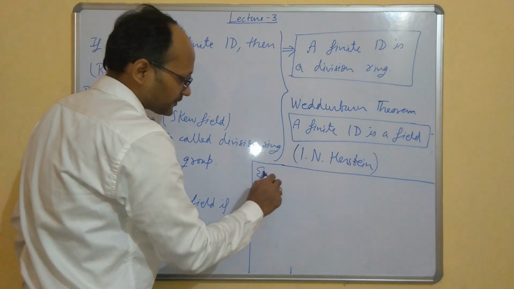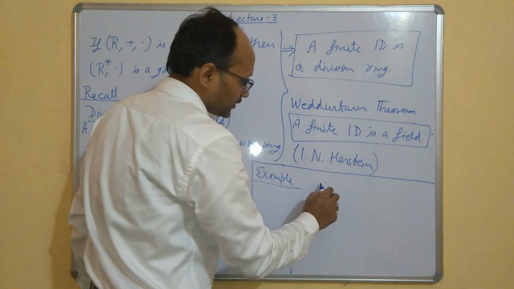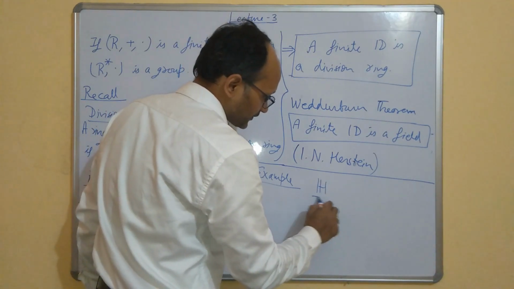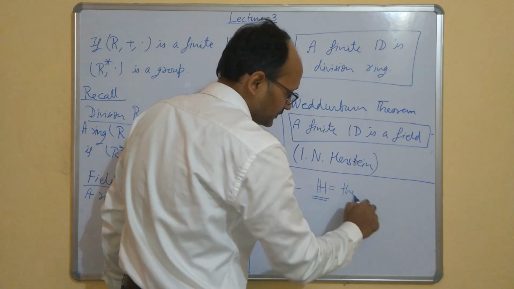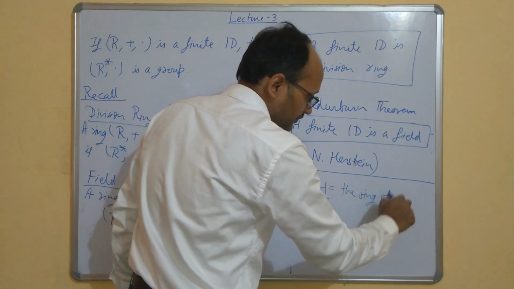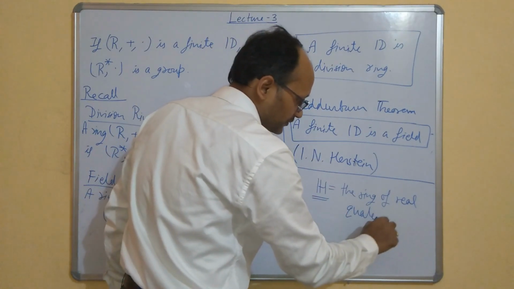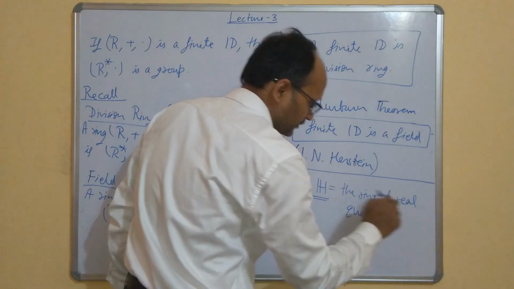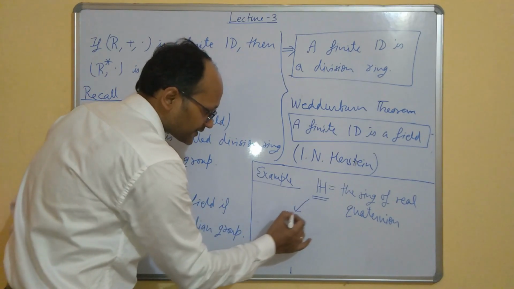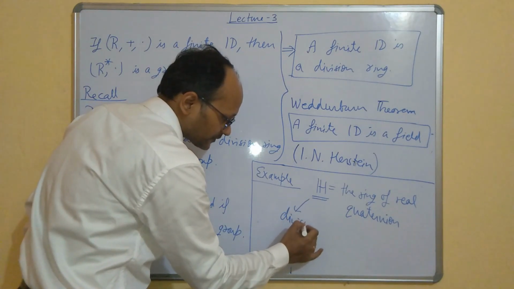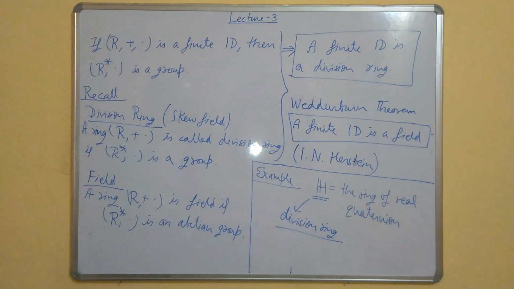So for example, H, the ring of real quaternions. While giving this example, we have shown that this is a division ring, and we have also shown that the operation is non-commutative.